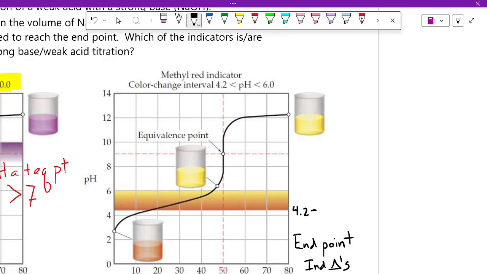Take a look at that graph and figure out at what volume does the indicator change color. pH 4.8 to 6, but specifically at what volume? Right in the middle of that. So that would be at about 30, I don't know, 33, 32 milliliters. Yeah? Does that make sense?